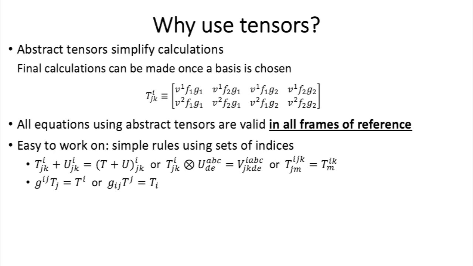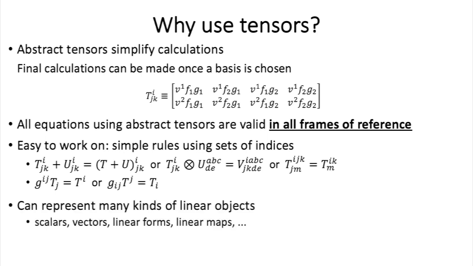And they are pretty easy to work on, using simple rules to manage the indices. And finally, they can represent many kinds of linear objects, and therefore, in the same tensor equations, you can have scalars, vectors, linear forms, linear maps, etc., etc. And so all of this can be managed using tensors.